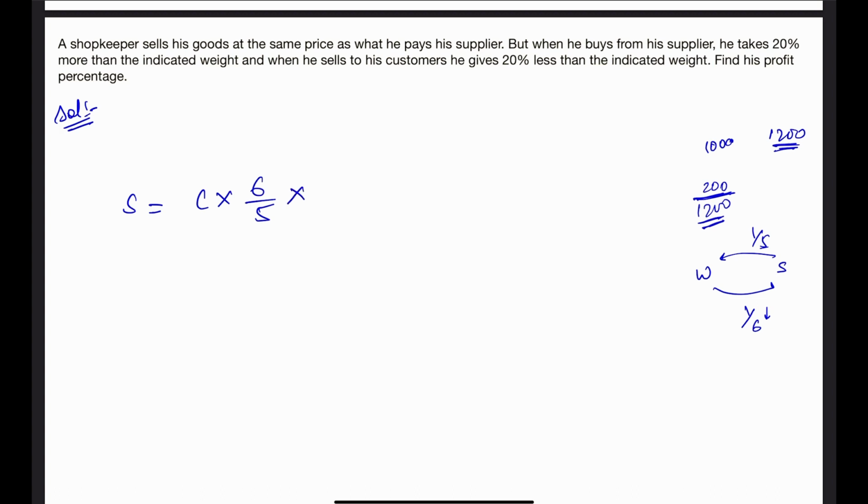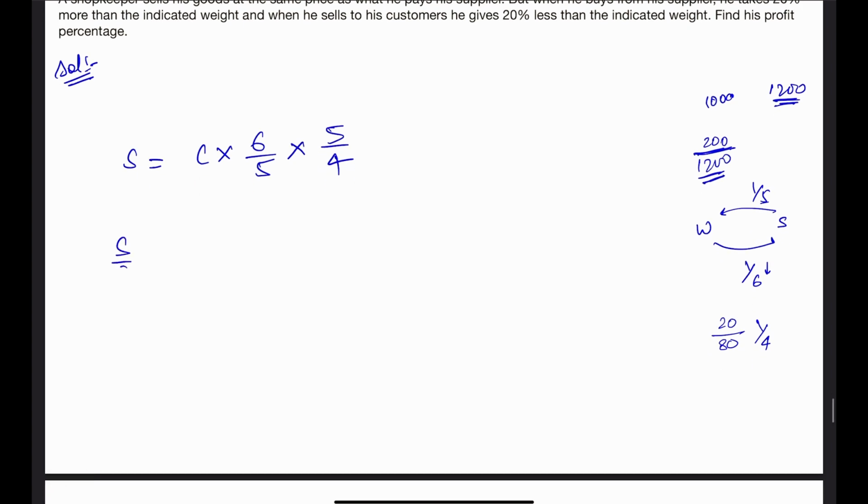When he sells to the customer he gives 20% less than the indicated weight. So 20% less, that is also again 20 by 80, 1 by 4, so 5 by 4. So S upon C will be equal to 3 by 2.